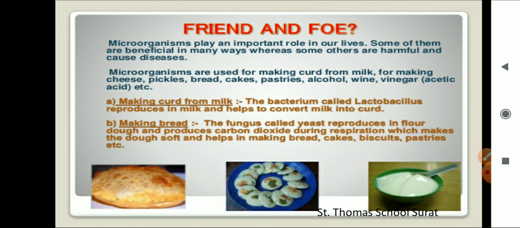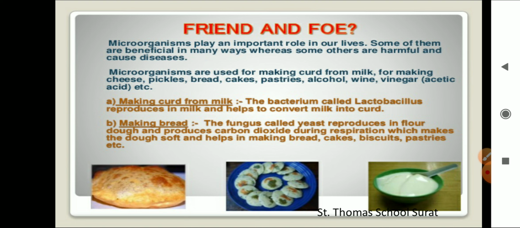जैसे आप गूंथते हो, when you make a dough of any flour, what happens after some time? It becomes very soft and fluffy. Why? Because we have added yeast, a fungus, to it, isn't it?